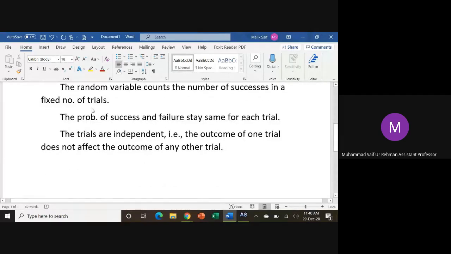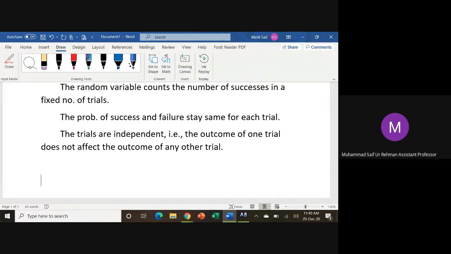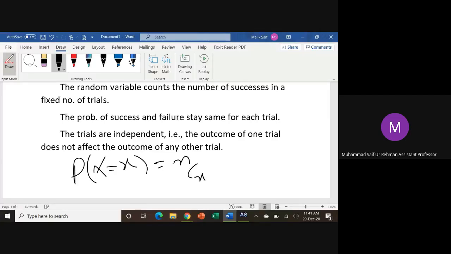So now, what is the formula for the probability distribution? It is the probability of capital X equal to small x, which is equal to nCx, p to the power x, and q to the power n minus x.